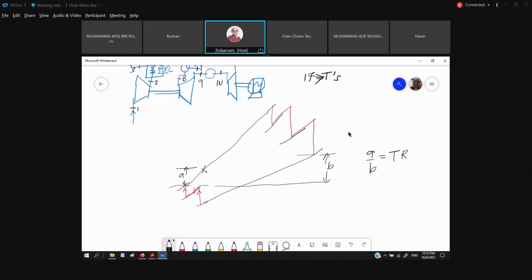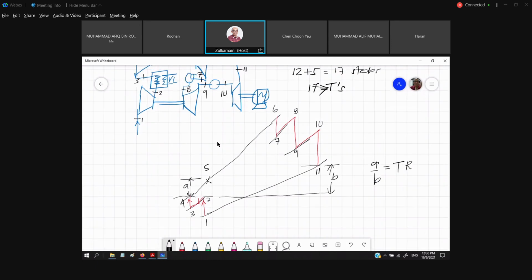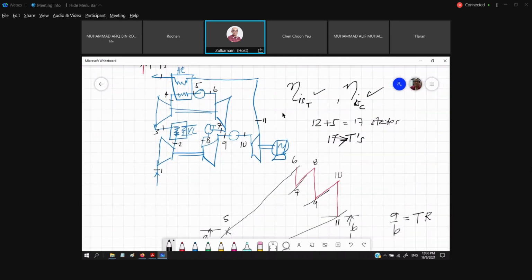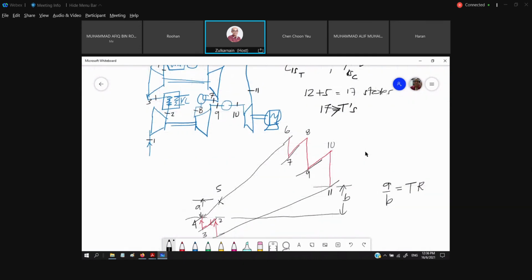Okay, thermal ratio. So in this case, let us put all the states 1, 2, 3, 4, 5, 6, 7, 8, 9, 10, 11. Let me check whether I'm getting it right. Yeah, the last one is, sorry, not 11, but 12. What is 12? 12 is the exhaust gas temperature.